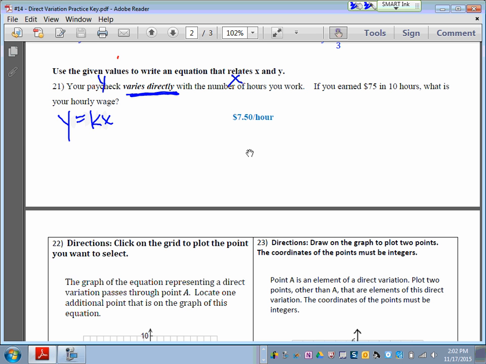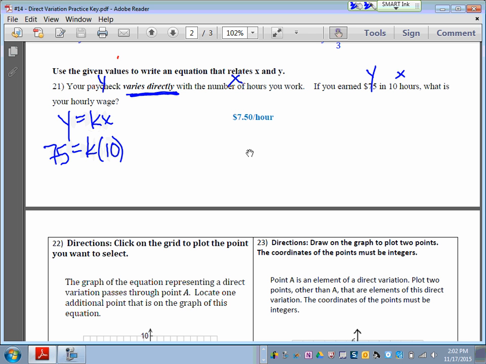$75 is your paycheck, so this is just my y value. And 10 hours is the number of hours I worked, so that's just my x value. So I put this in. I said y, but I didn't actually put in 75 yet, so let's put in 75. How do I solve for k?